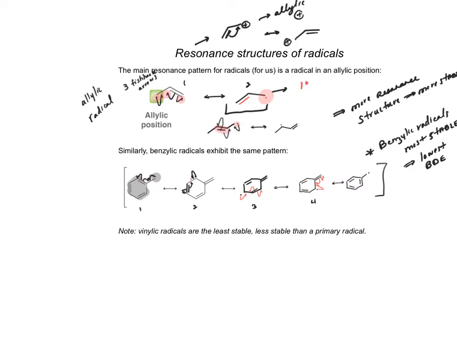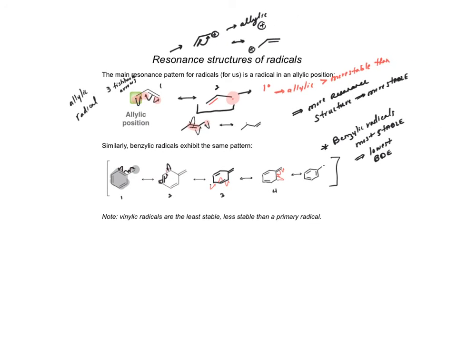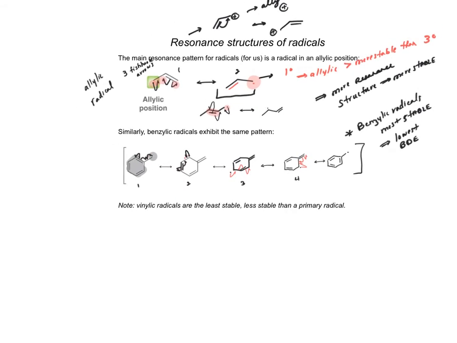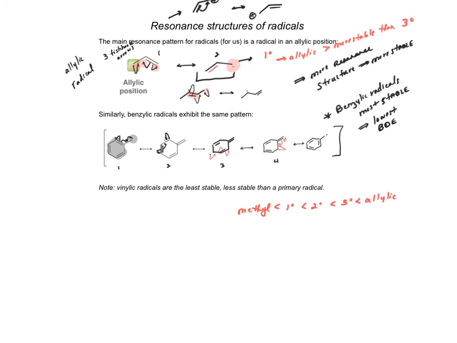You might think tertiary radicals would be more stable, but that is actually not the case. Even though this is a primary radical, because it is allylic, it is more stable than a tertiary radical. So overall, in terms of stability, we get methyl radicals, then primary, secondary, tertiary, then allylic, and then benzylic.